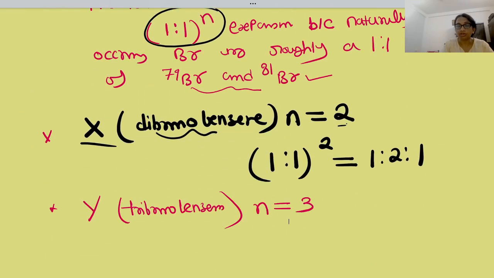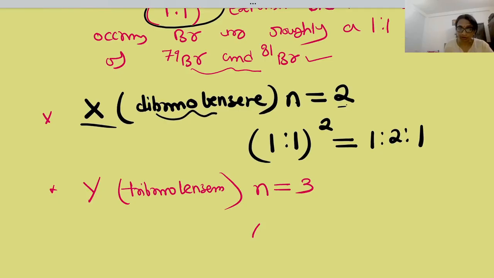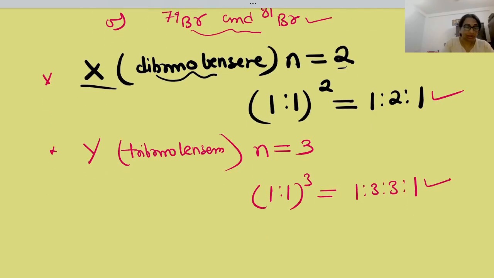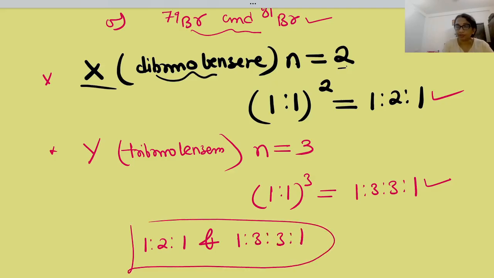Putting the values in the formula, (1 : 1) cubed gives 1 : 3 : 3 : 1. So we have got the two relative intensities: 1 : 2 : 1 and 1 : 3 : 3 : 1.